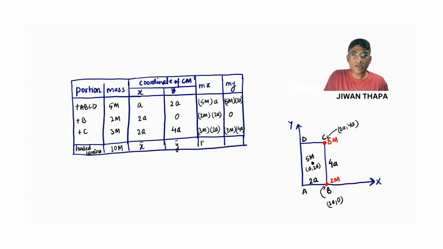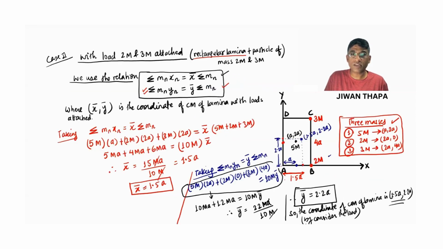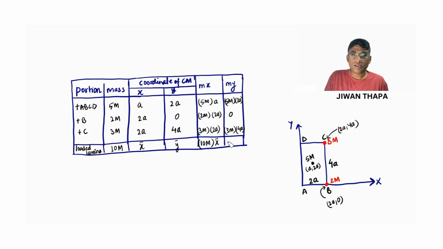So this gives me 10m times x bar, and this gives me 10m times y bar.